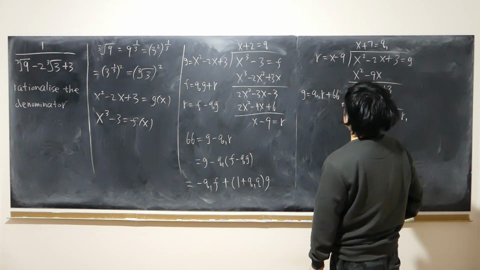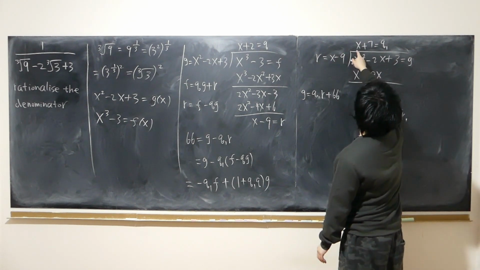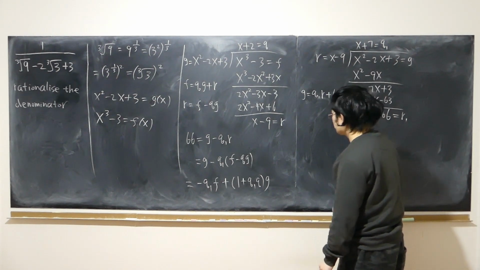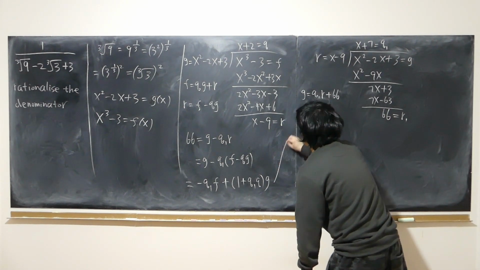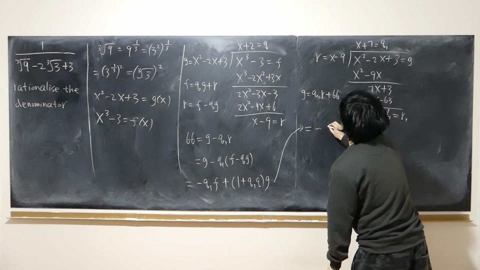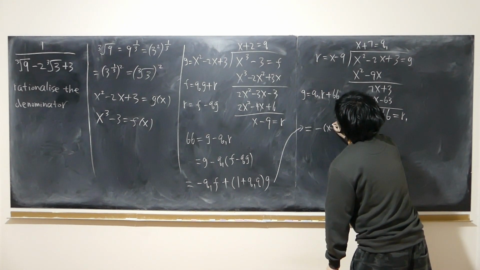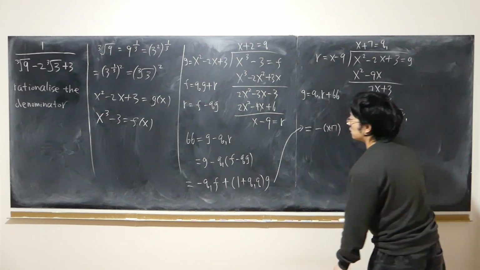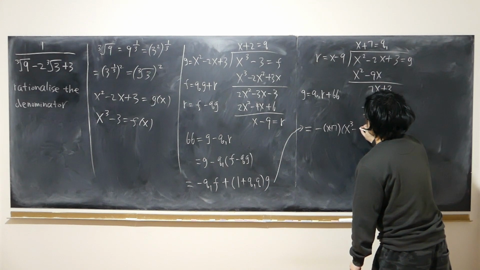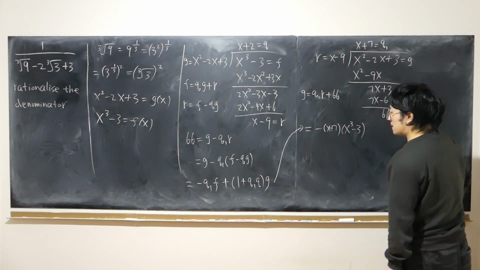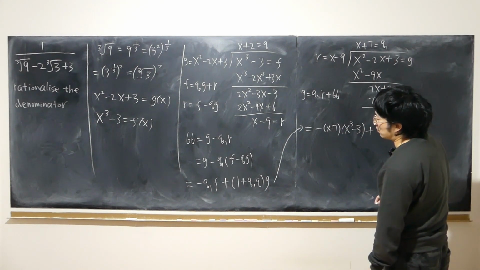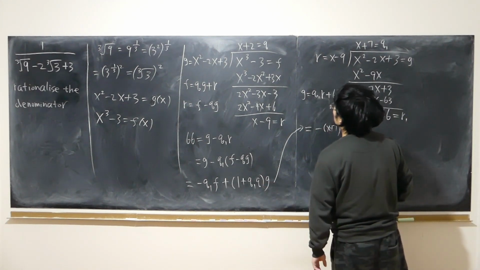What is minus Q1? It's minus of x plus 7. So that is equal to minus x plus 7 times f, which is x cubed minus 3, plus, what is Q1 times Q?